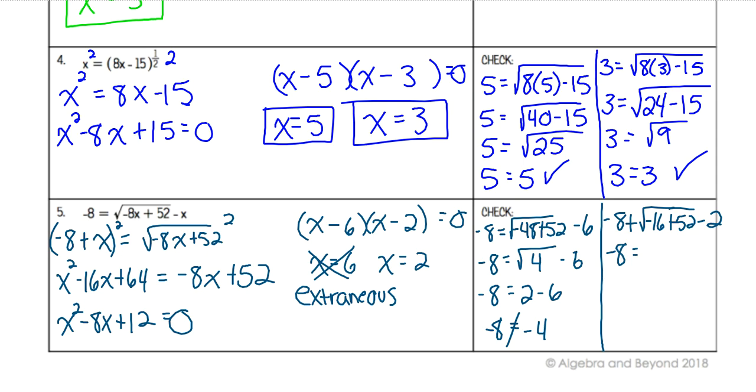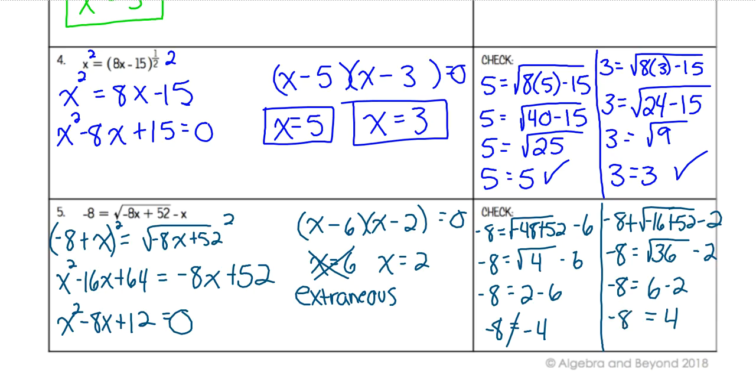Negative 8 equals, let's see, 52 minus 16. It's going to be 36 minus 2. So now I have square root of 36 is 6 minus 2 is 4.